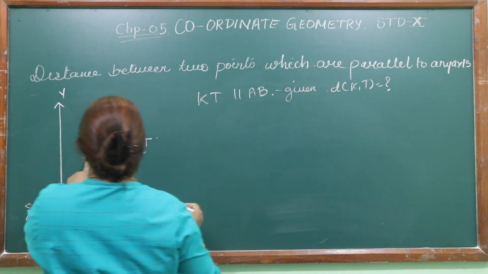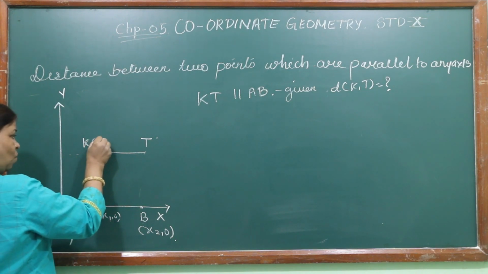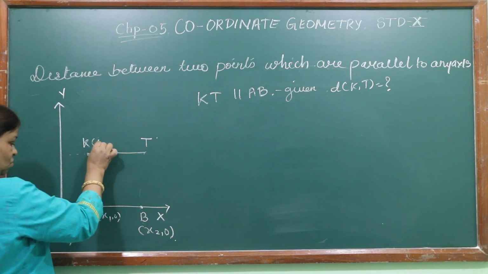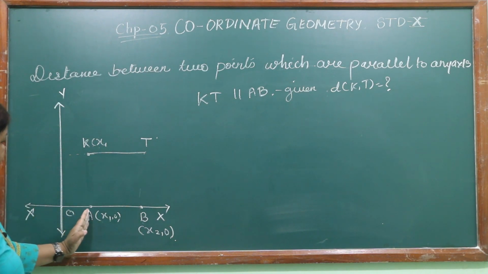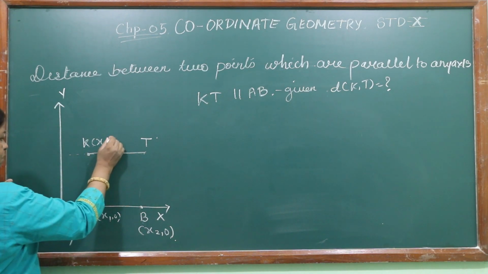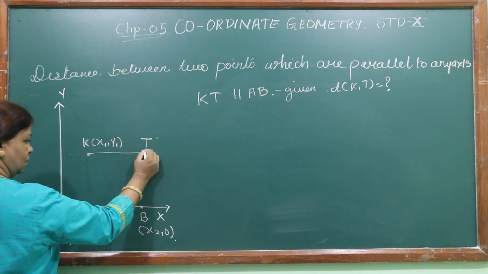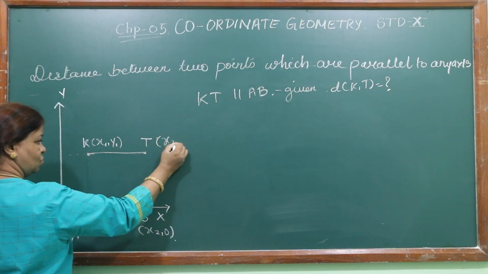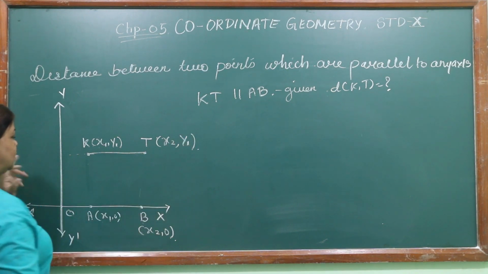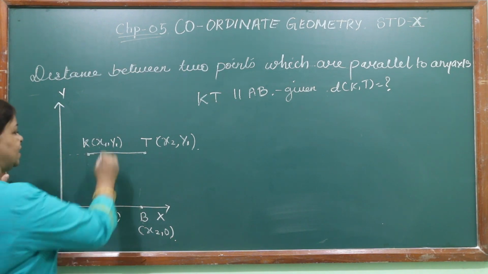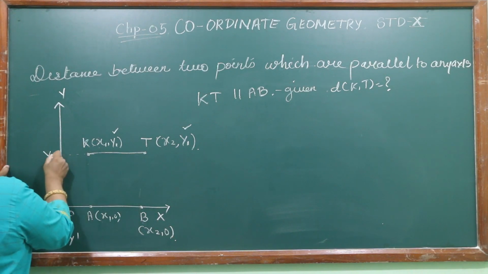Let us see the coordinate for K. Coordinate for K is x1 comma y1 and coordinate of T will be x2 comma y1, because see here y coordinates are same for point K and for point T. Suppose here it is y1.